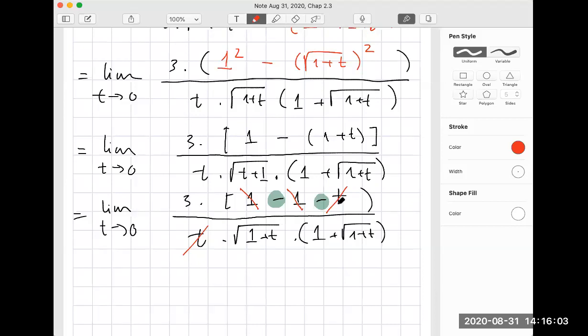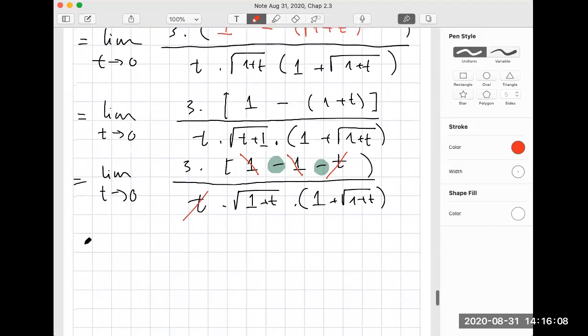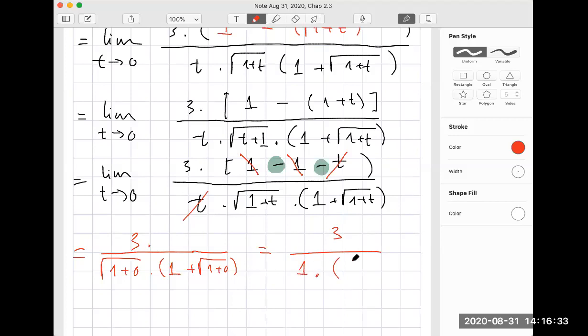So it means that we can substitute the value now. Since we can do that, it becomes 3 times, t will cancel each other, square root of 1 plus 0 times 1 plus square root of 1 plus 0 here, which is 3 over 1 times 1 plus 1 will be 2, or 3 over 2, right?